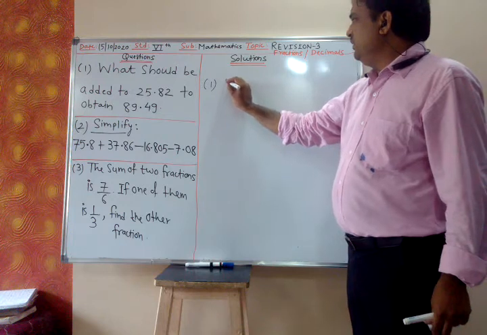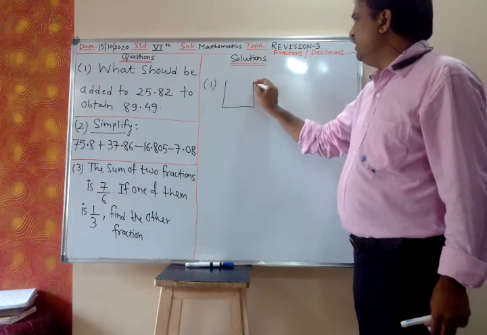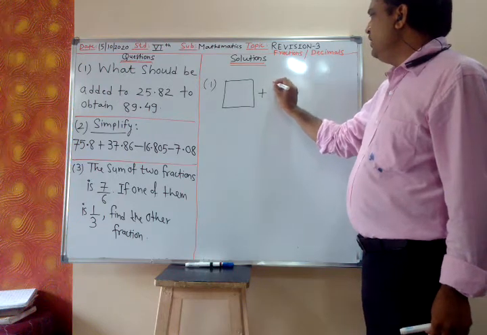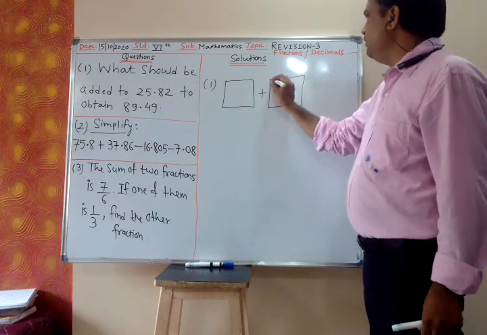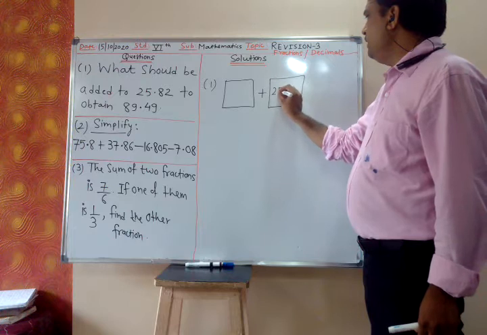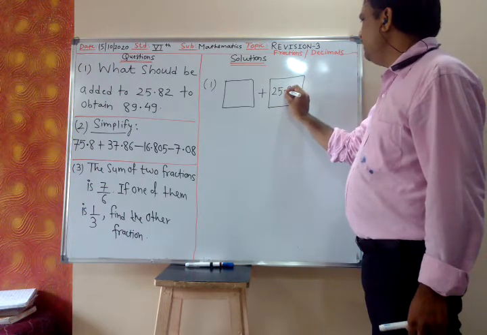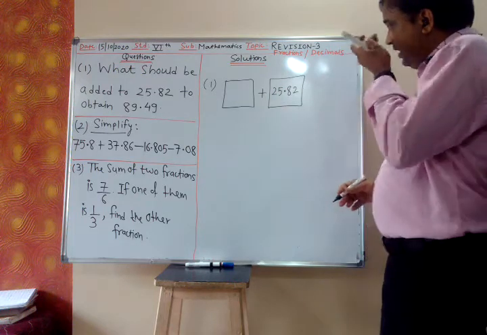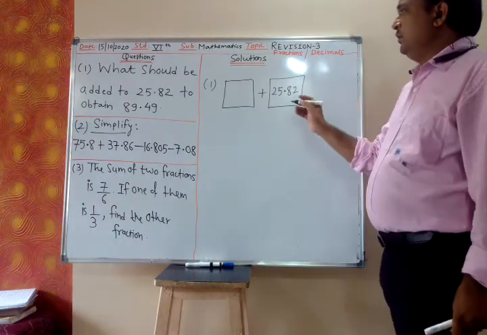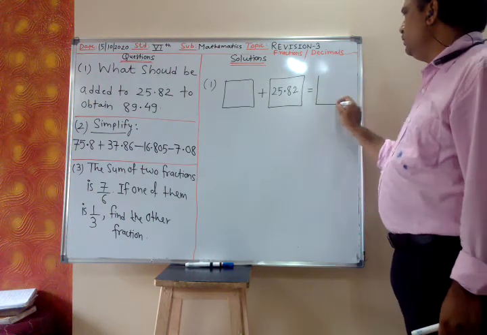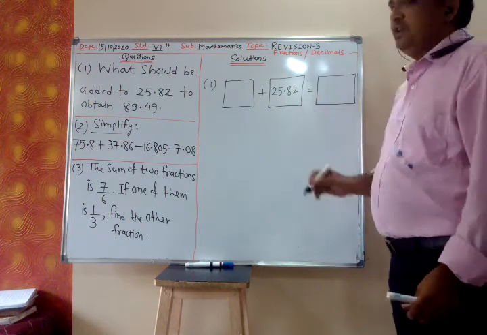So we are given, we don't know what should be added. Added means plus. Which number? 25.82. Answer of first. To obtain means which number?